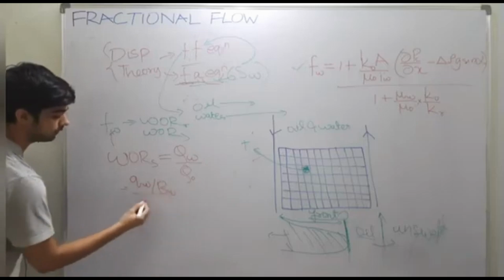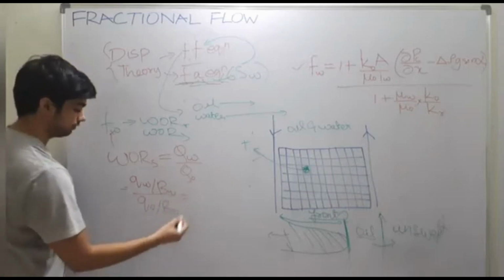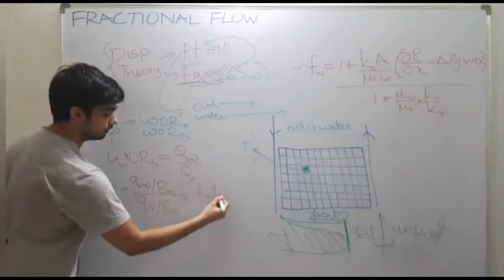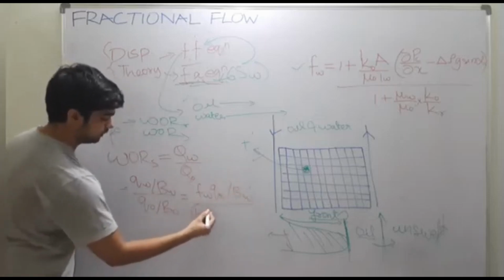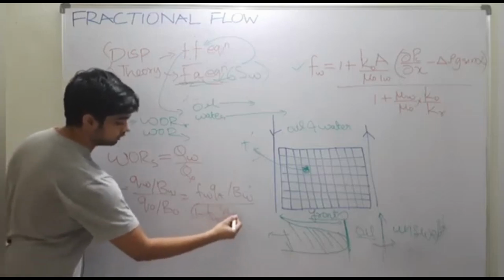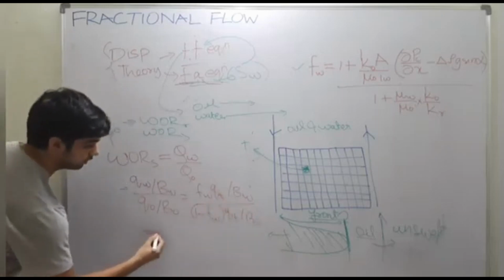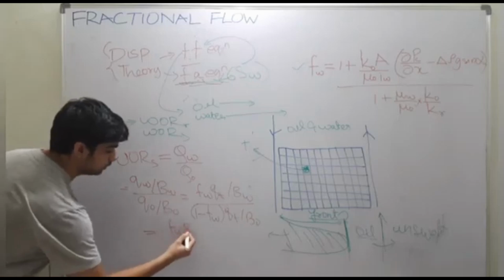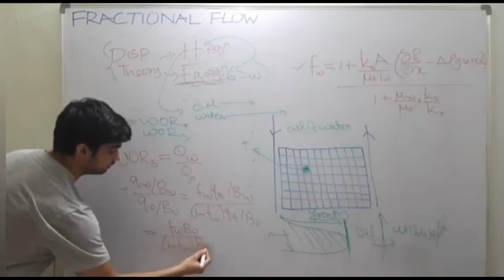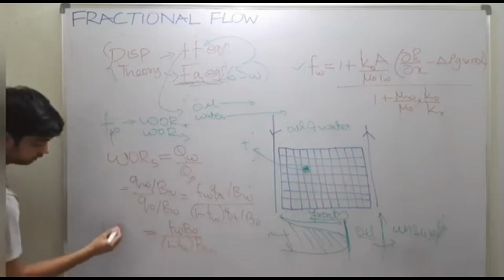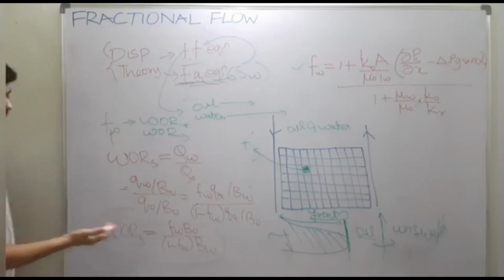BW is your formation volume factor, and we can replace QW by FW QT divided by BW, and QO by (1 minus FW) QT divided by BO. So this QT will get cancelled out, and we get FW into BO divided by (1 minus FW) into BW. So this equation defines the relationship between them. So easy questions can be asked.